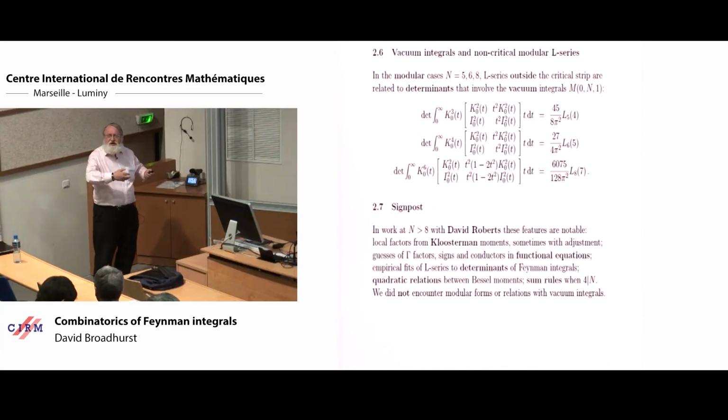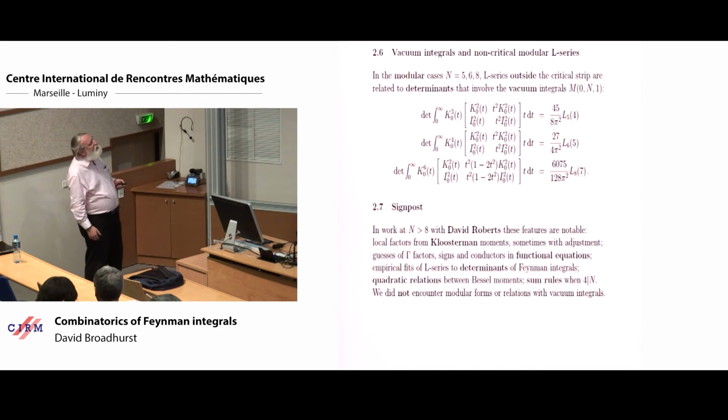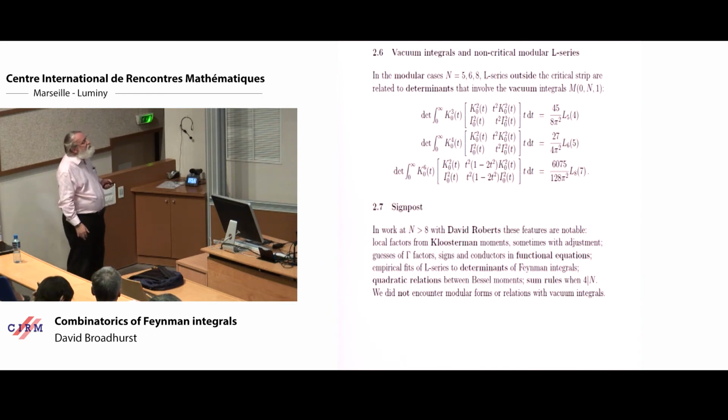I've really tried to show some of the ingredients, but the ingredients are the following: David Roberts and I, starting in Australia in January, managed to get beyond 8 Bessel functions, 6 loops, by taking local factors from Kloosterman moments, sometimes with adjustments, guesses of the gamma factors, signs, and conductors in the functional equation. There can be a sign in that functional equation which gives you a 0 and central vanishing.